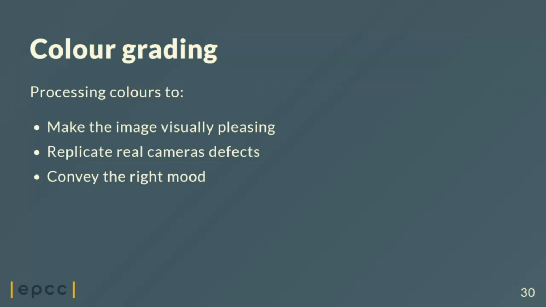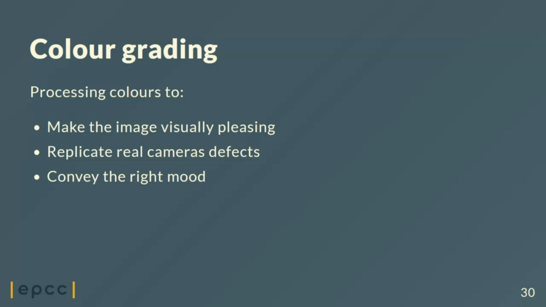It can be adding contrast, adding saturation, all these kinds of things. In the case of 3D renders, composition and color grading are also useful to try to replicate camera defects. Cameras are not perfect, but they are a bit more perfect in a 3D environment like Blender. So if you want to replicate some of the defects of real cameras, that can be done there as well.